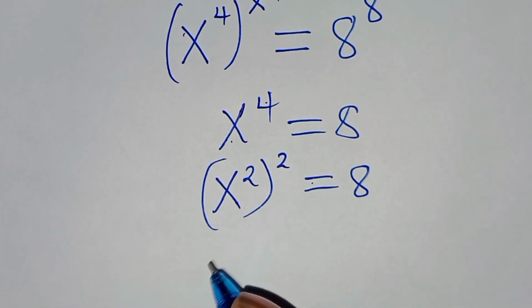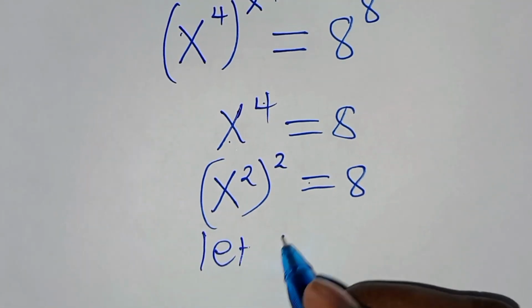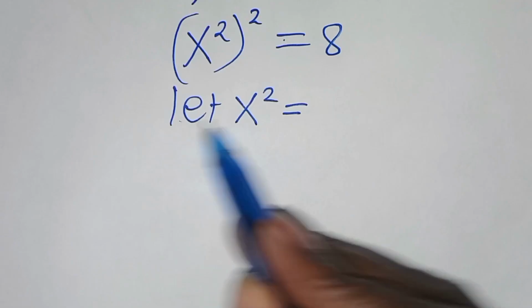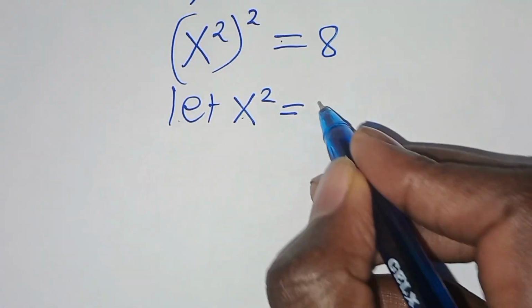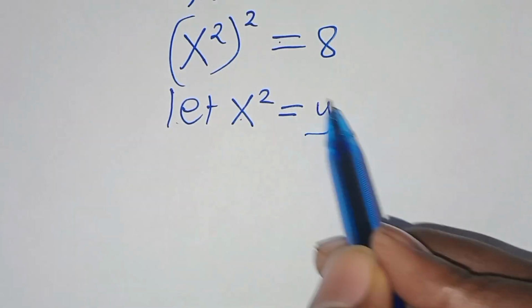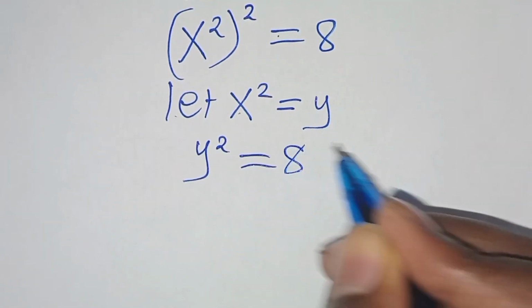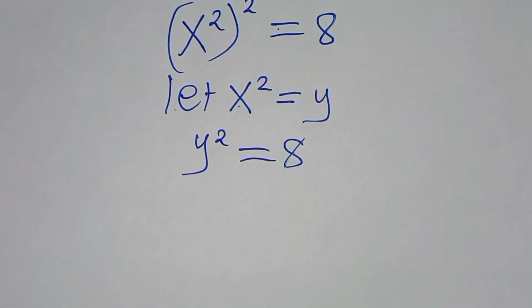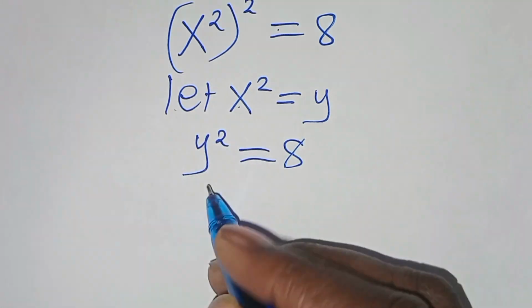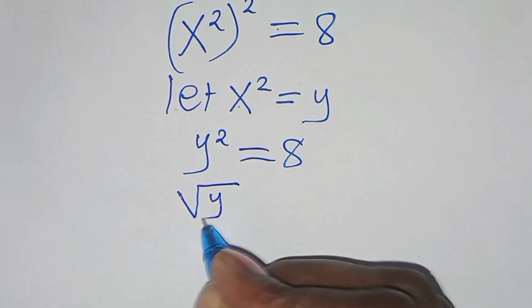From here, we can just say let x to power 2 be equal to y. So substituting y here, we have y squared equal to 8. To get the value of y, we take the square root on both sides.